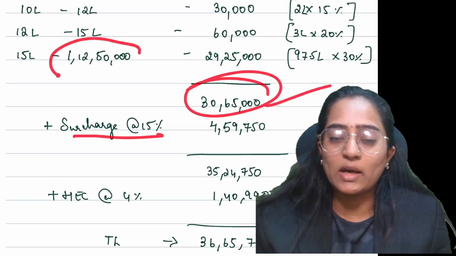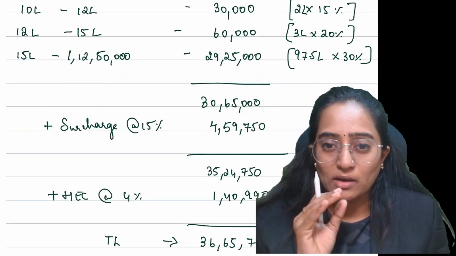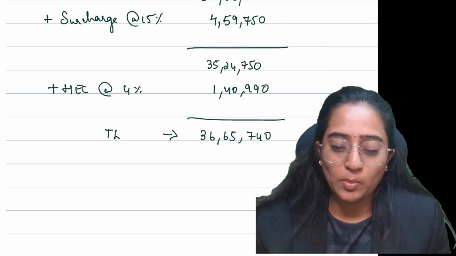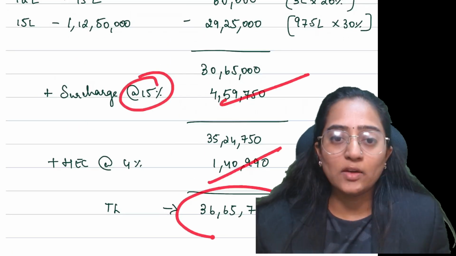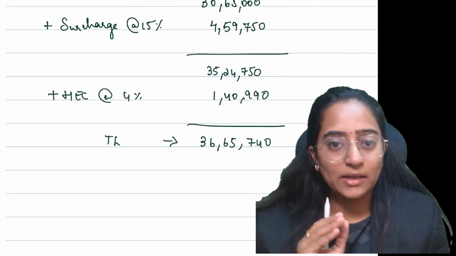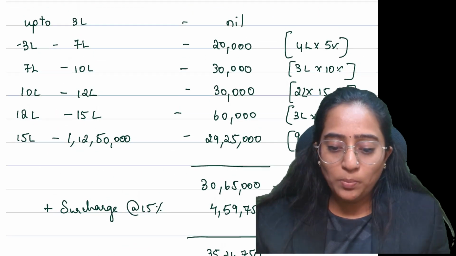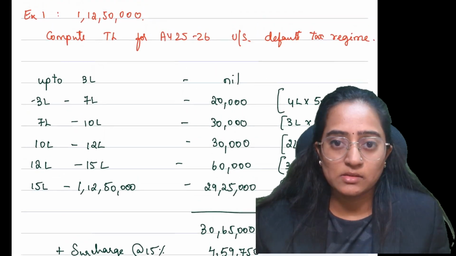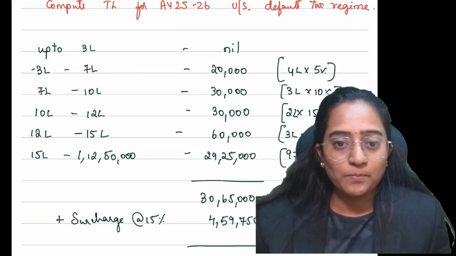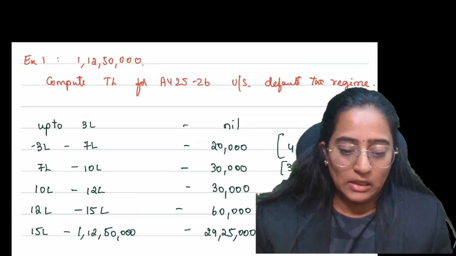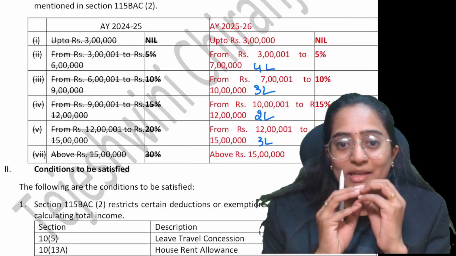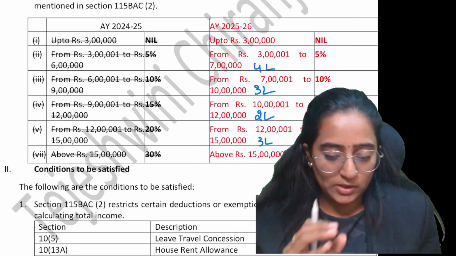It is exceeding 1 crore under 115BAC, so the surcharge applicable is 15%. So I add the surcharge, add HEC, and you get your tax liability. I hope you are understanding this. Everyone? Clear? Great. So this is with regard to the amendment in your 115BAC.